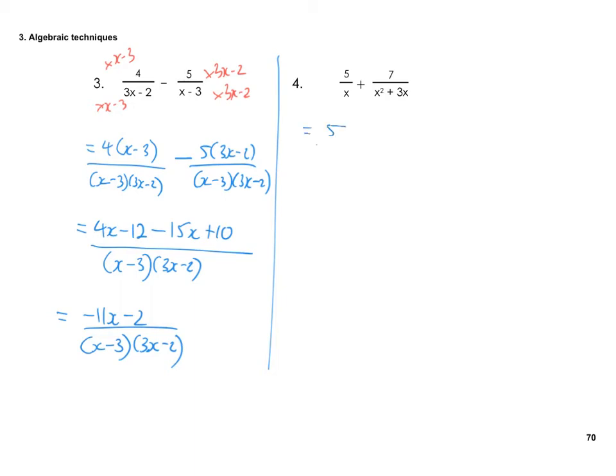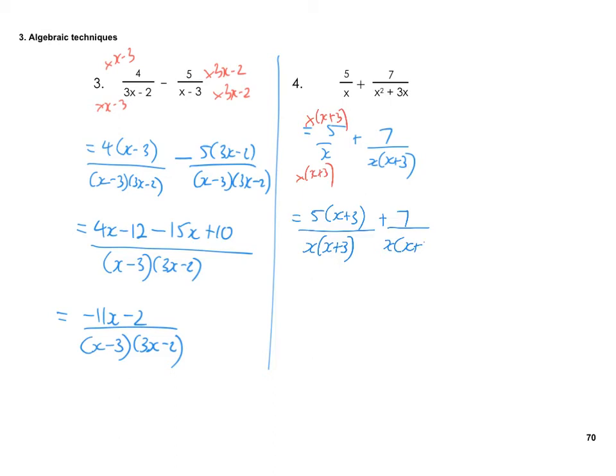5 on x plus 3 equals 5 on x plus 7 over x plus 3. Now to make these the same, just need to multiply these ones by x plus 3. That's going to give us 5(x plus 3) over x plus 3 plus 7 over x plus 3.